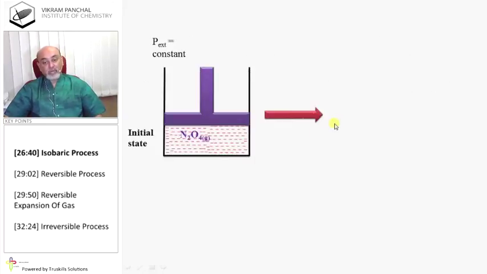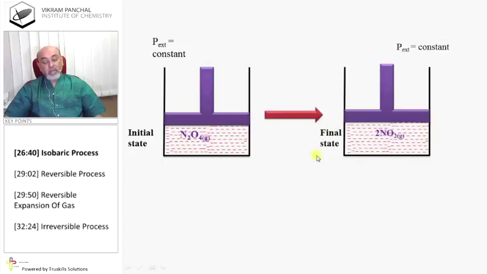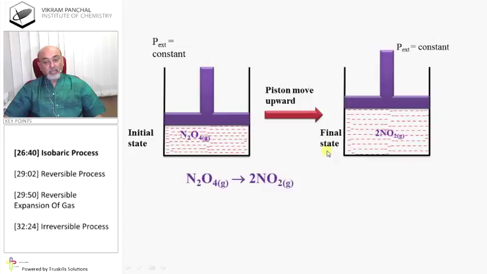Now N2O4 can be converted to NO2. So here the number of moles of reactant is 1, and the number of moles of product is 2. Therefore, when the forward reaction takes place, the number of moles increases. So volume also increases. Here we are not changing pressure.